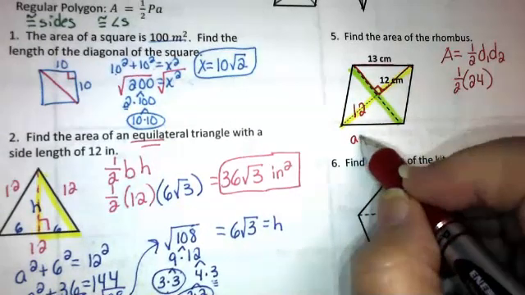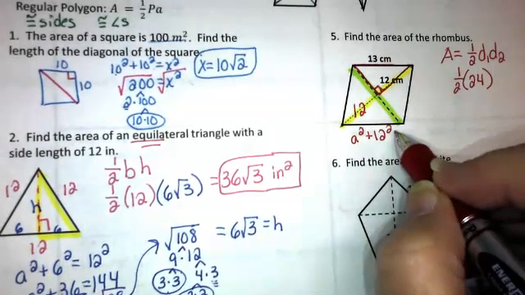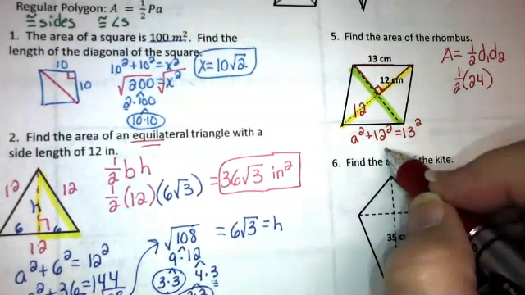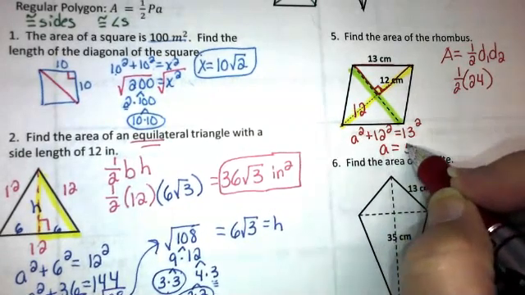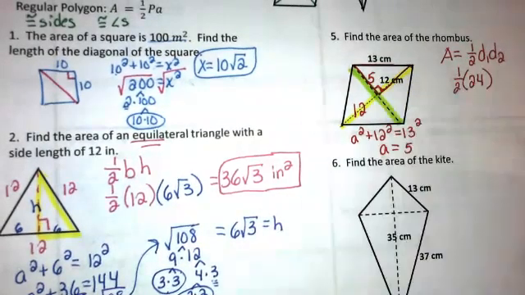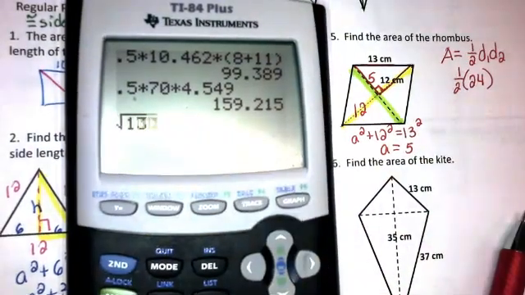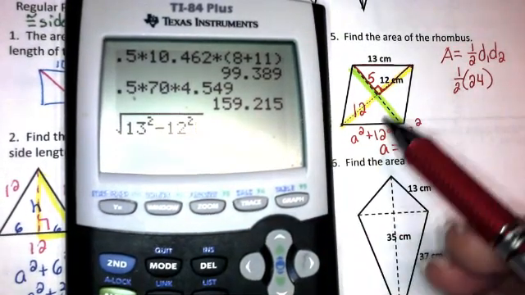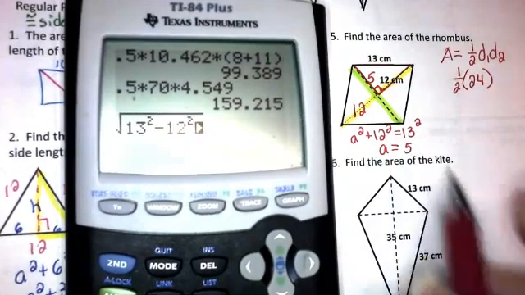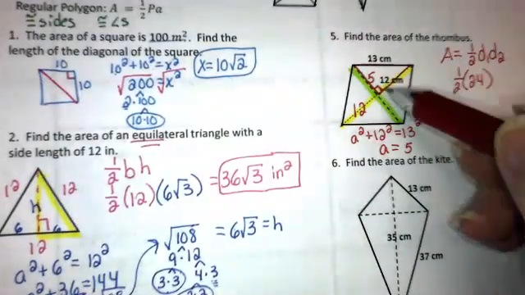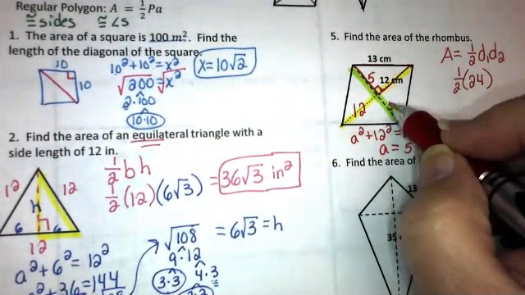So if I go a squared plus 12 squared equals 13 squared, you can put that into your calculator and you're going to find out that that missing leg is 5. So in your calculator, you're going to go the square root of 13 squared minus 12 squared because we were missing a leg. If you know the hypotenuse, you're going to subtract those. And that turned out to be 5. So the length of this entire green diagonal is 10.